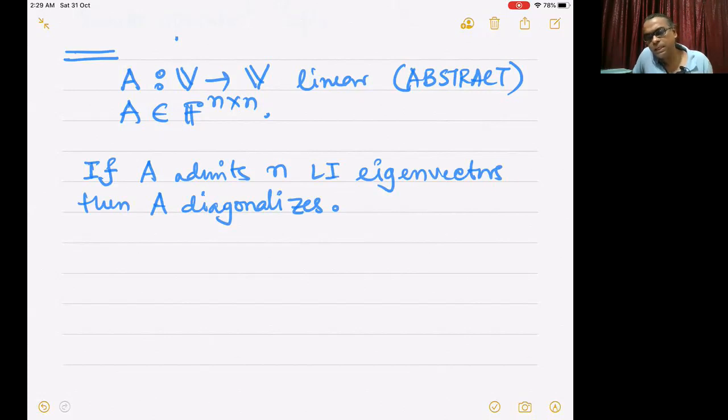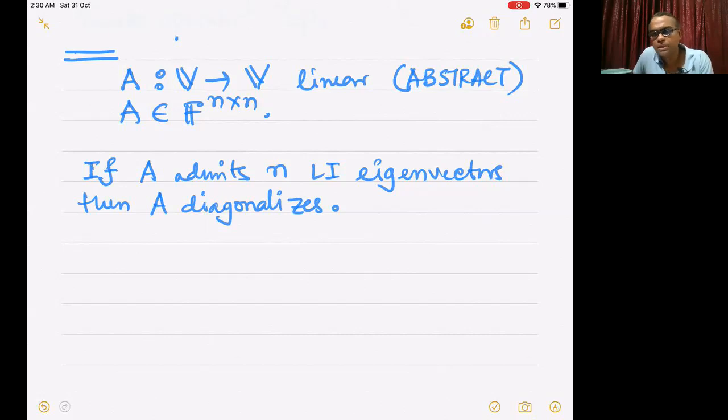Or if you are viewing A as a linear operator, then there exist these eigenvectors, which if you choose as an ordered basis for the vector space V, then this linear operator under this ordered basis takes the form of a diagonal matrix.